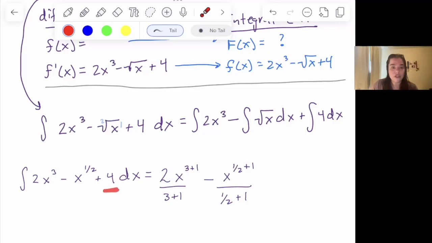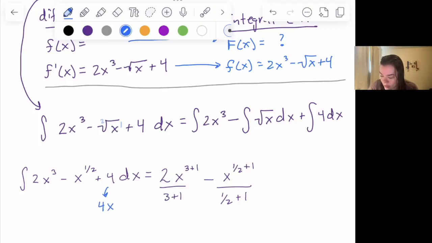Move along to the 4 term. Now keep in mind, just in case you're thinking of the power rule, 4 is the same thing as 4x to the 0, right? There's no x's present. So we can apply the power rule on that x to the 0 term. So this would be written as 4x to the 0 plus 1 divided by the new exponent, 0 plus 1.